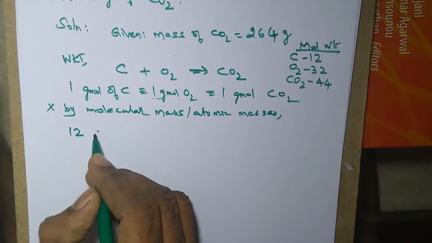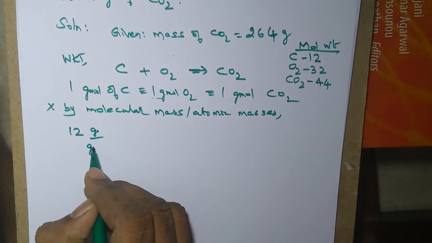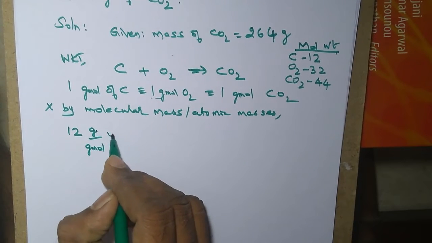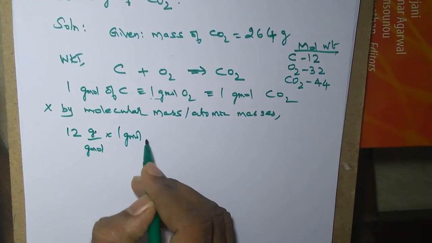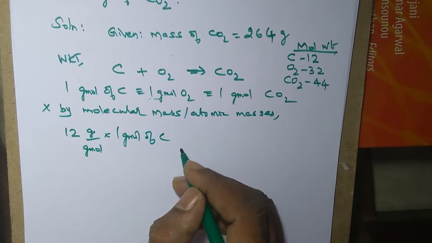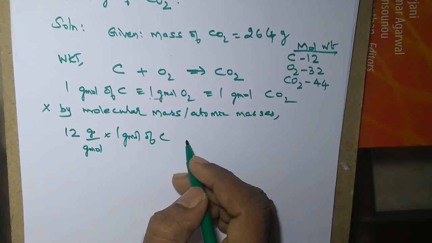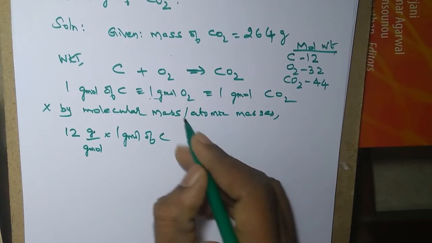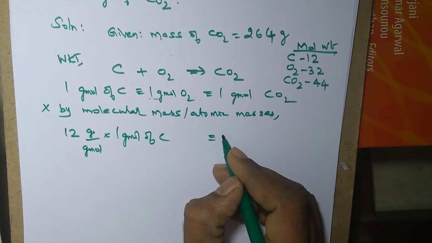Here we will use gram per gram mole because we are writing in terms of gram mole. So 12 grams per gram atom multiplied by 1 gram mole of carbon; we can simply write 12 grams of carbon.